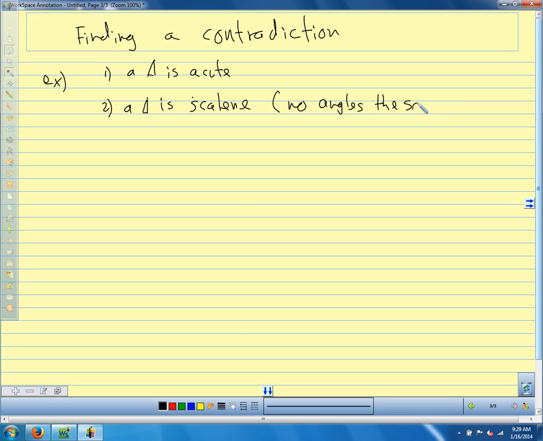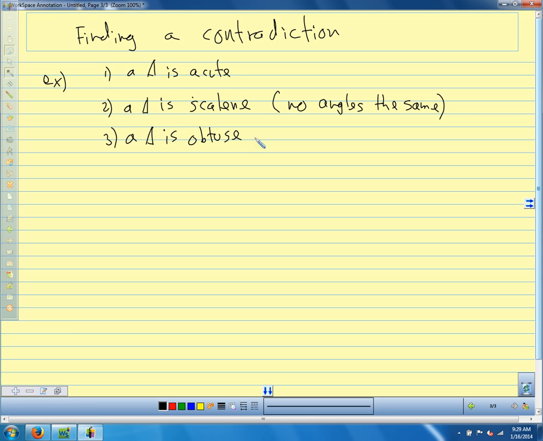Very nice. And then the third one is a triangle is obtuse. So which of these two give us a contradiction?